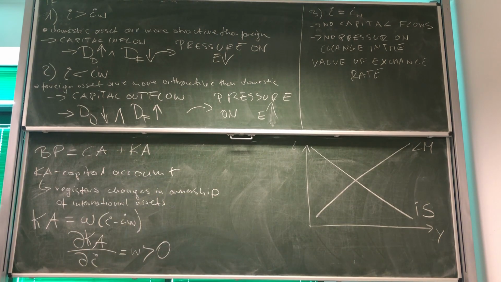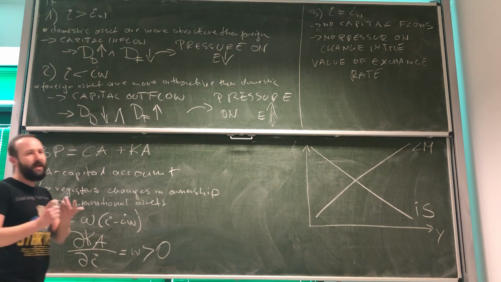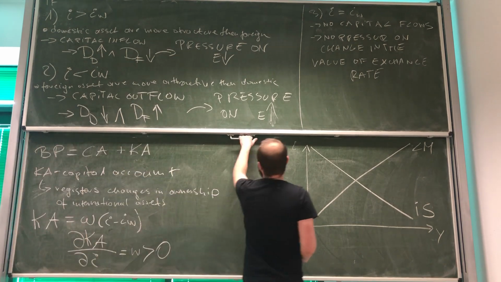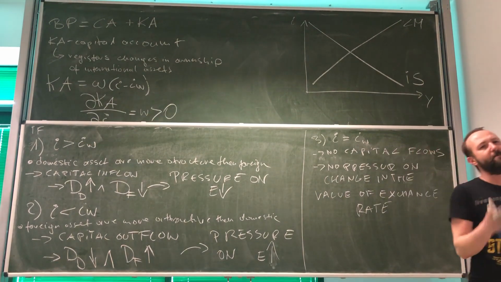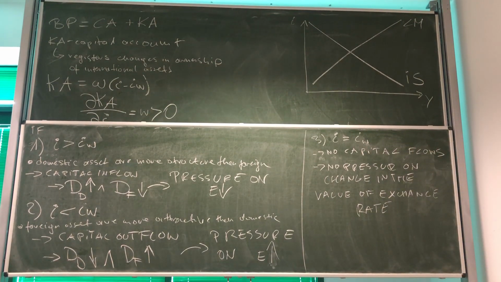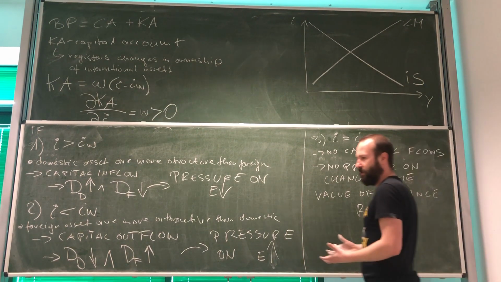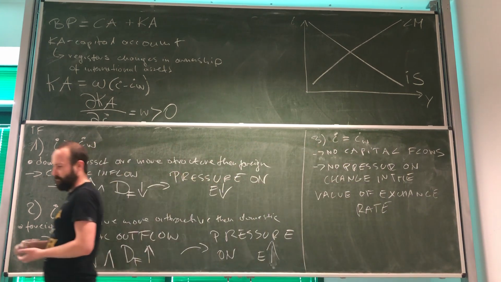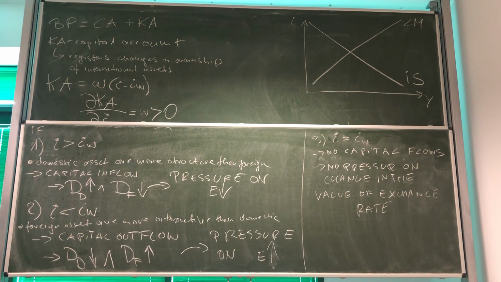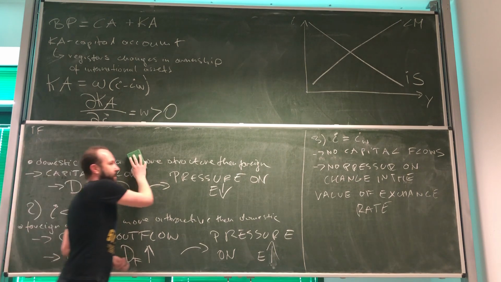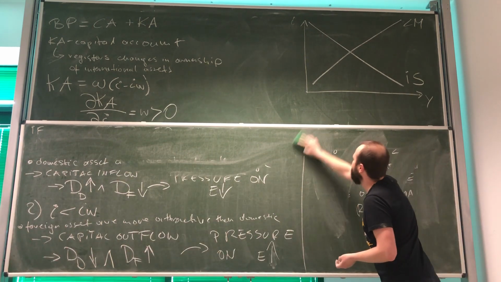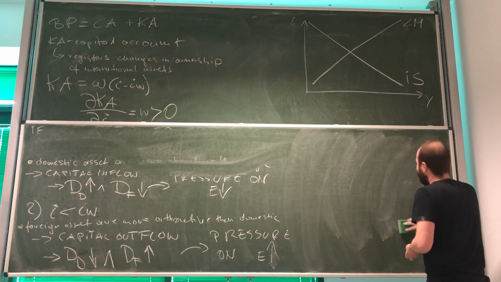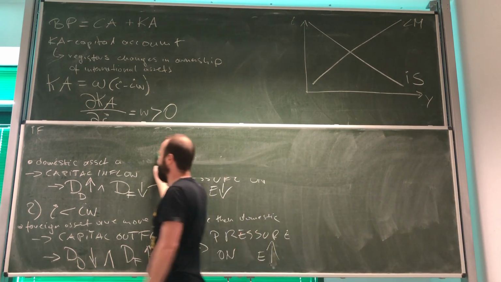But look, if this works in case of trade in assets, why wouldn't the same mechanism work in case of trade? And it is exactly the same way with trade as we have here with capital flows.